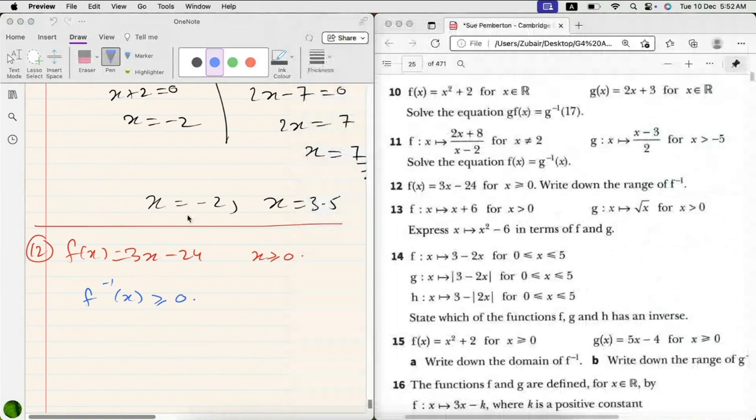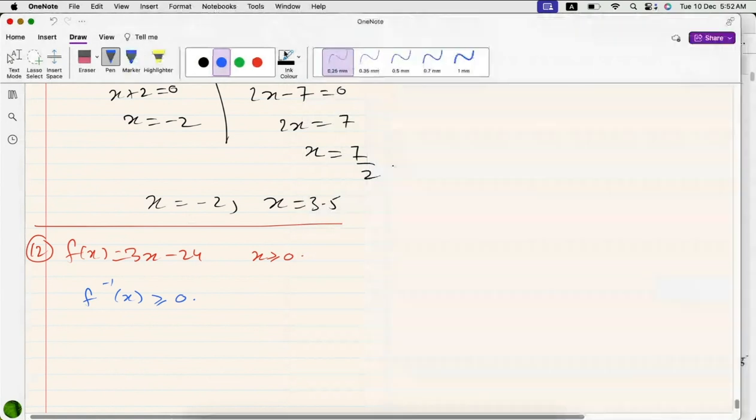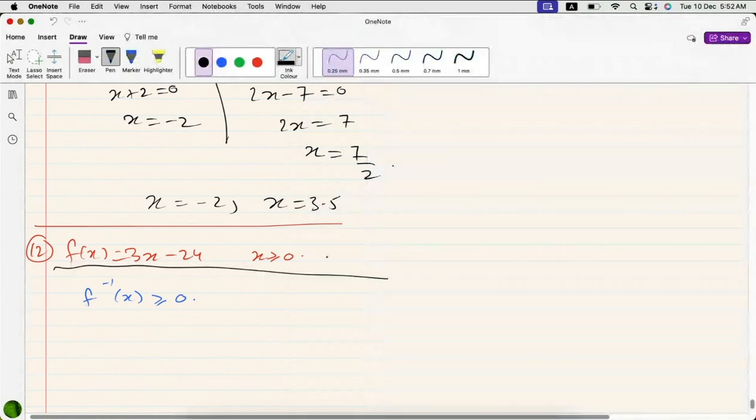Obviously, inverse would be just the value of x. Yeah. What was the domain of f of x will now be the range of f inverse x and vice versa.